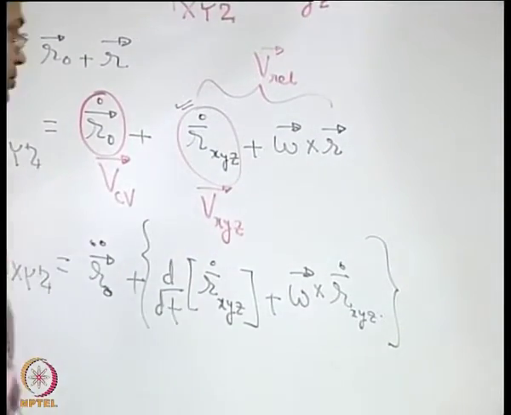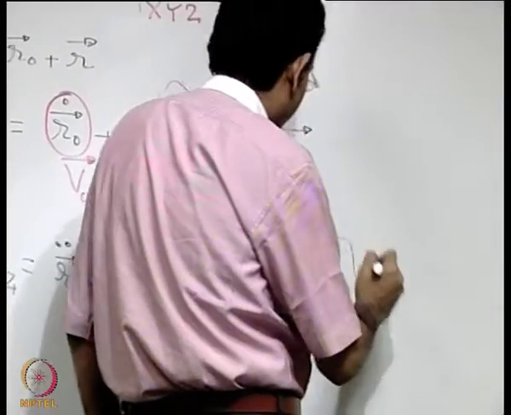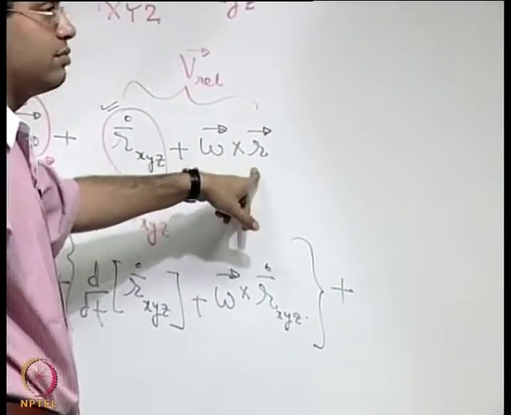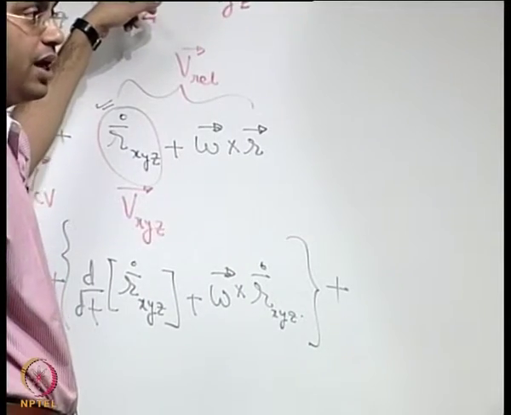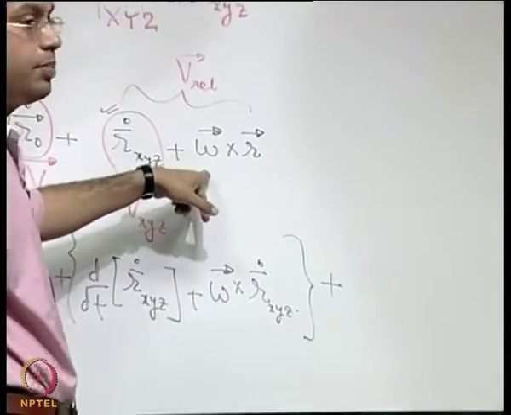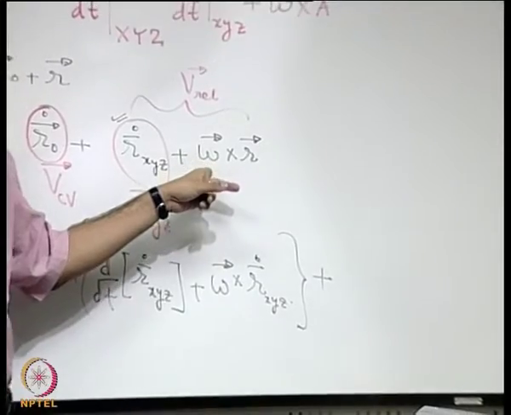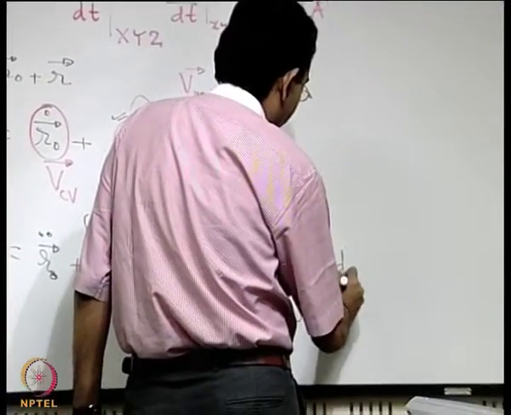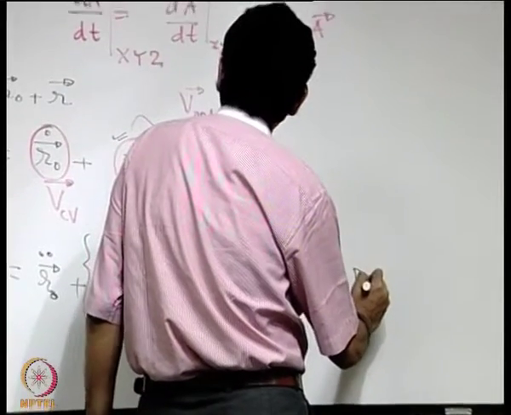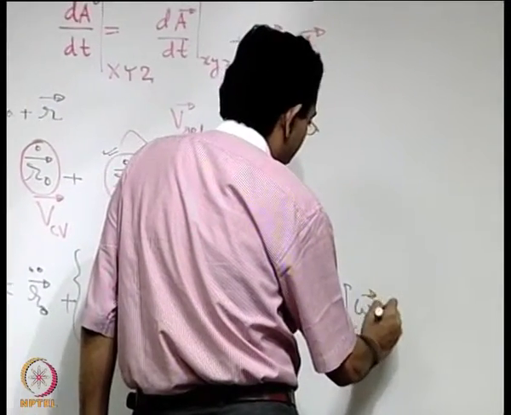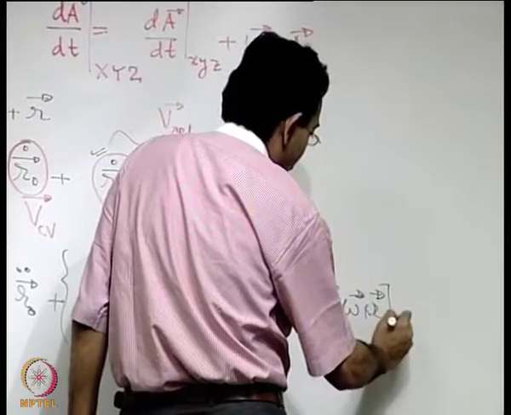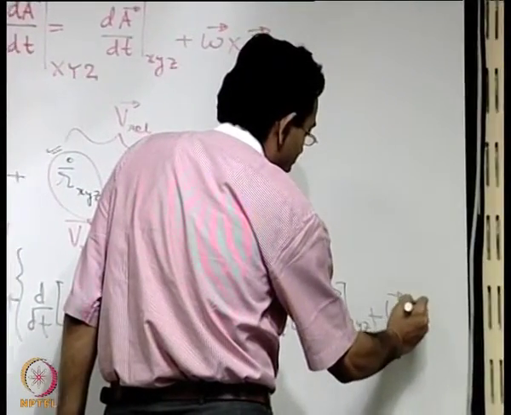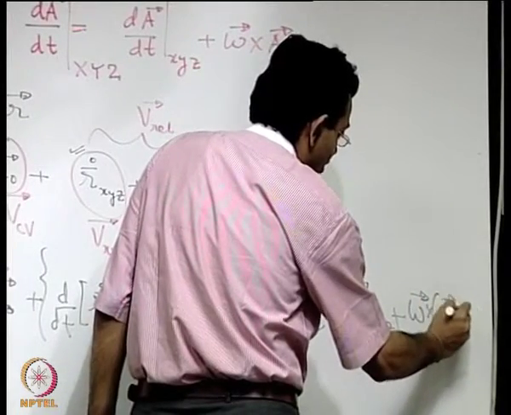For the third term, again the same formula we can apply, capital A replaced by omega cross r. So, that will be d dt of omega cross r relative to small xyz plus omega cross r.